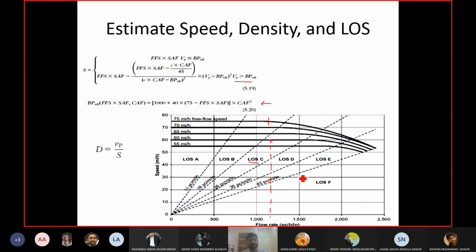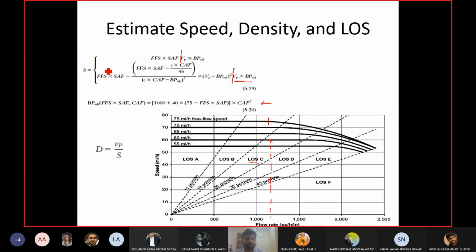Just a small thing here: VP less than or equal to BP is the condition, so this is not part of the equation. Same here, VP greater than BP is not part of the equation. Keep it in mind. The remaining factors are VP, BP, capacity adjustment factor, and so on.